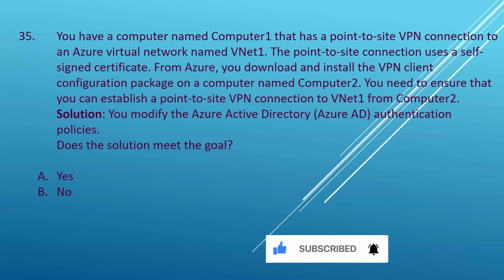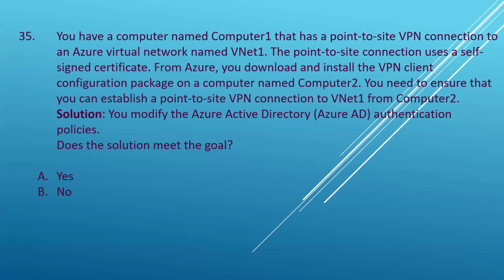So Computer 1 already has a P2S VPN connection to VNet1, which uses a self-signed certificate for authentication. Now you need to set up the same connection from another computer named Computer 2. And what you do is you modify the Azure Active Directory authentication policies.